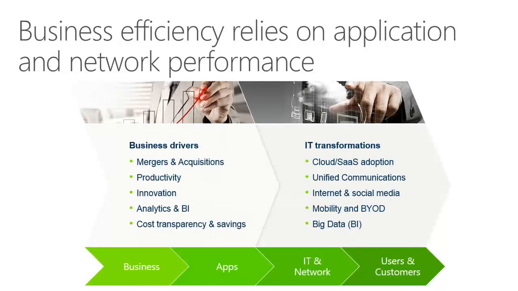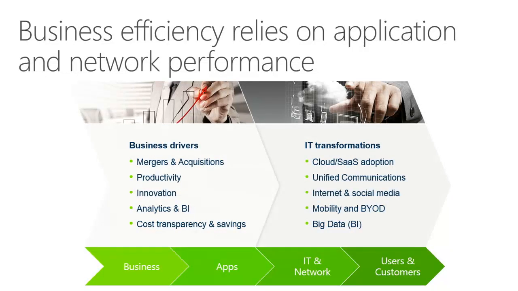Business drivers, such as mergers and acquisitions, productivity, innovation, and cost savings initiatives, lead to IT transformations such as cloud, software as a service, big data applications, and of course our favourites of things like collaboration and unified communications, all of which touch customers and end users of the services and of course the underlying IT that runs the business.